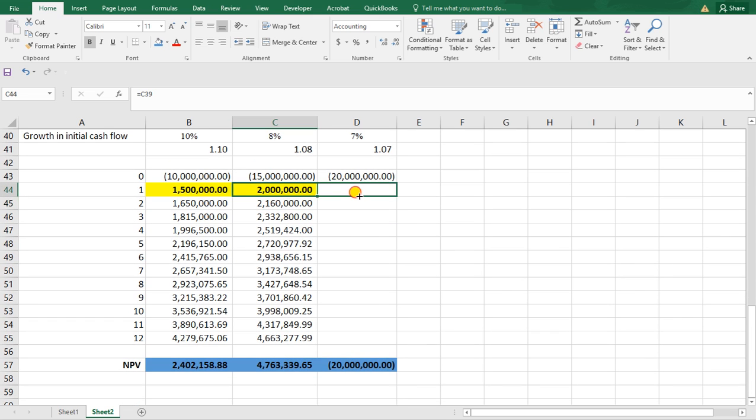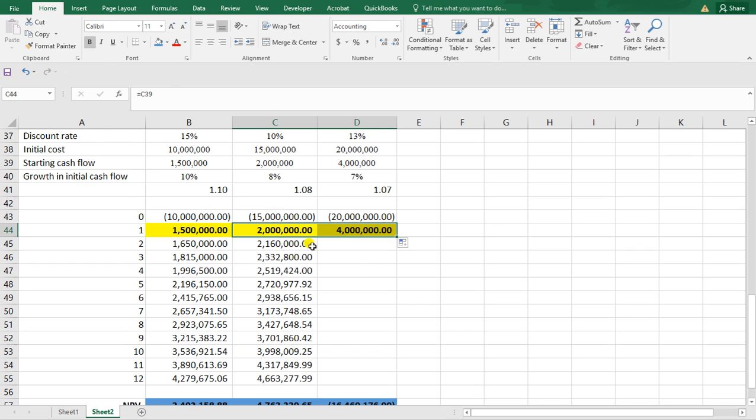So these are what you're having, right? The same case you're going to do for the other bit. Our starting cash flows was 4 million. So if at all I was to copy that one on that bit, I'm going to change my rate here, which I'm going to pick that one. Then I lock it up. Then we scroll down.